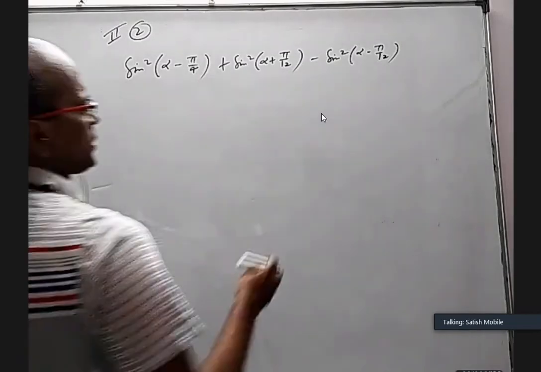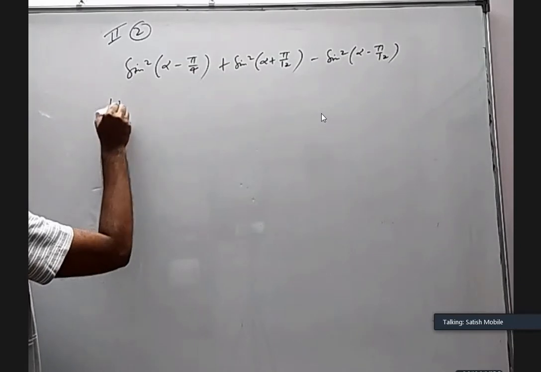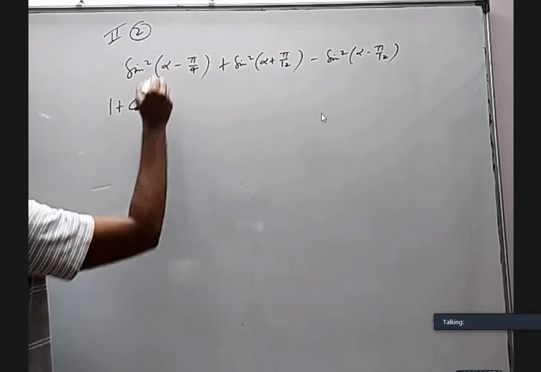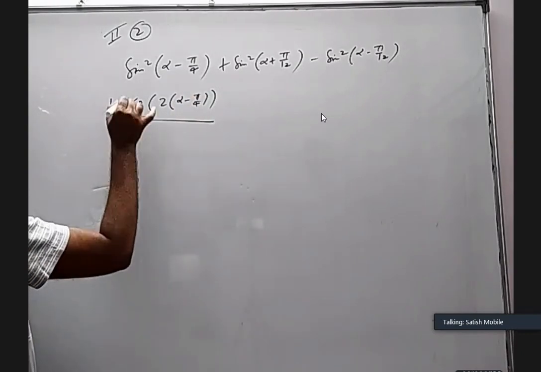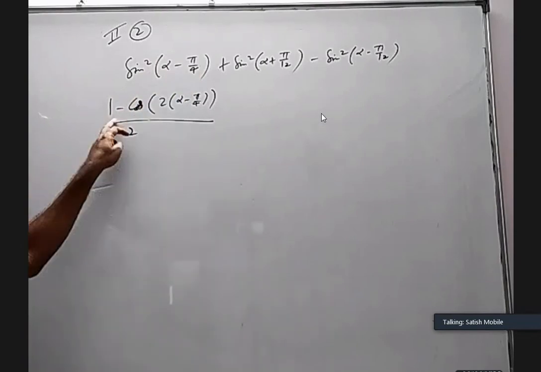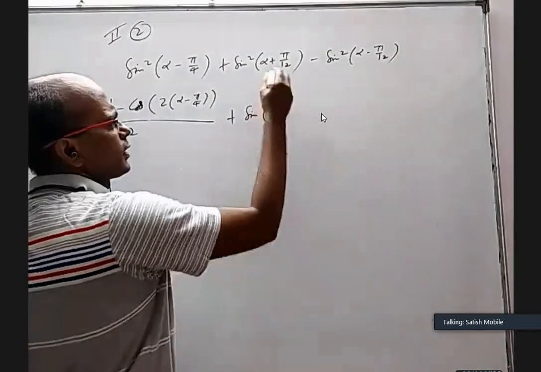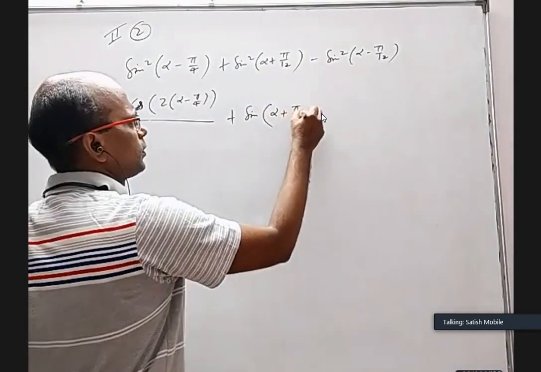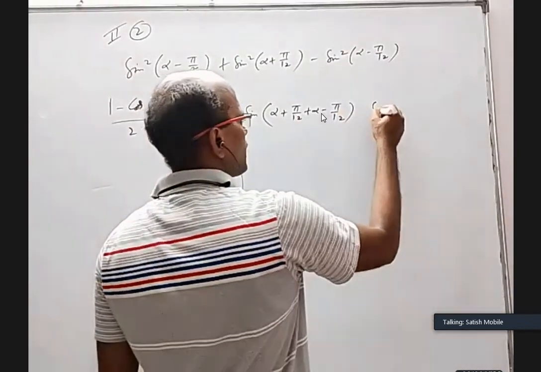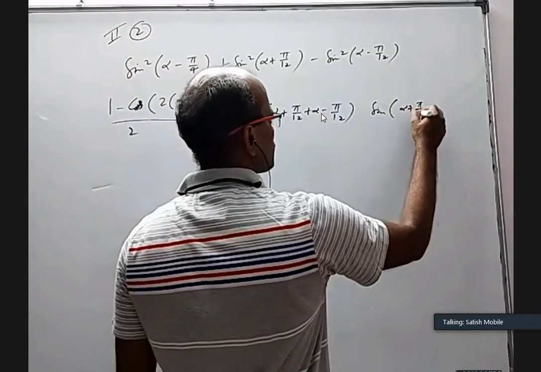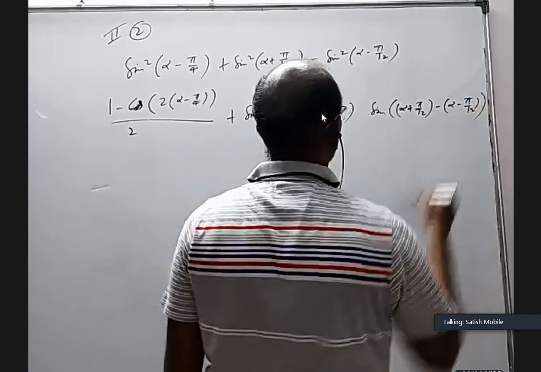Let us see if I use sin square A minus sin square B, what happens? Sin square theta is 1 minus cos 2 theta by 2. Here, sin square A minus sin square B, I can write as sin(A plus B) into sin(A minus B). A plus B is alpha plus pi by 12 plus alpha minus pi by 12, into sin of alpha plus pi by 12 minus alpha minus pi by 12.